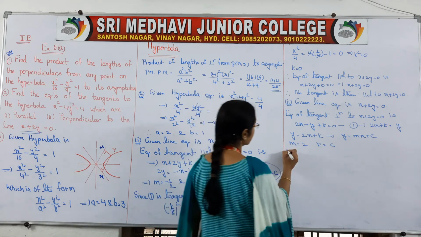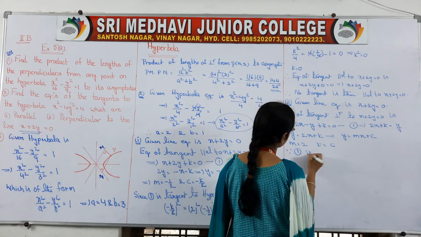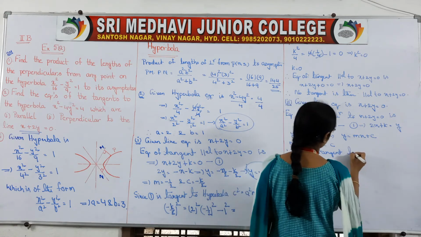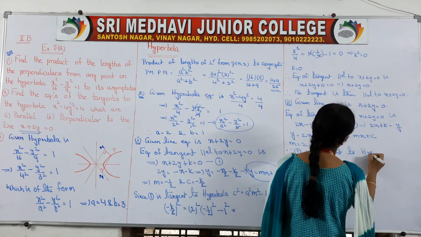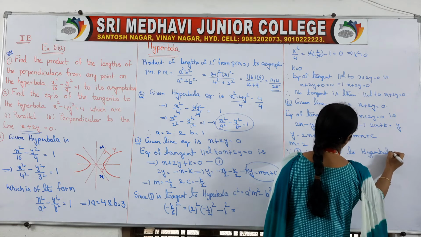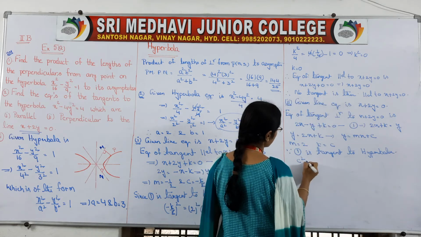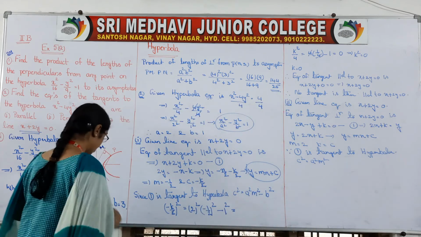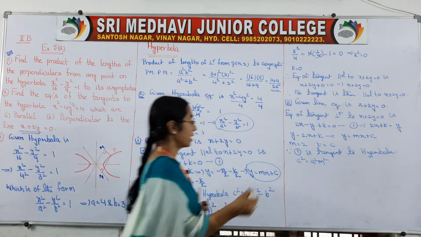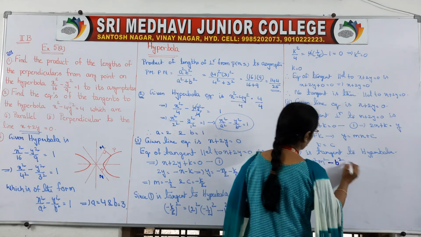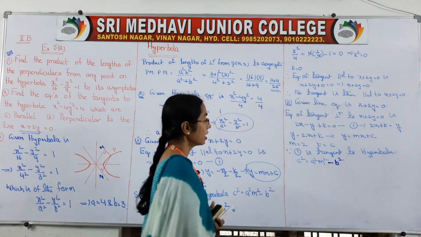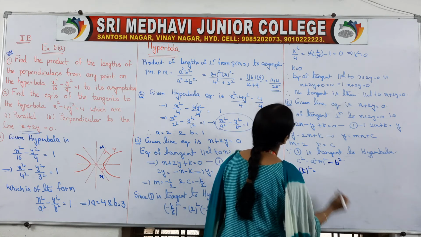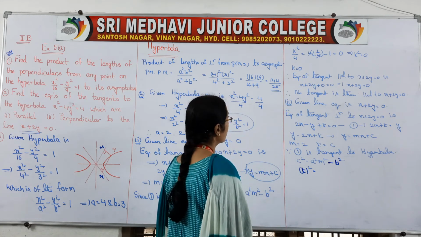Okay. Since this is tangent to the hyperbola, right, the condition is c square is equal to a square m square minus b square. Okay. So what is c? Your c value is k. So k square is equal to a square; what is a?